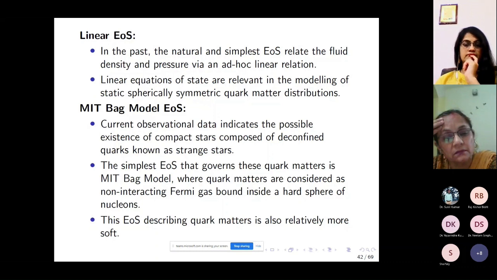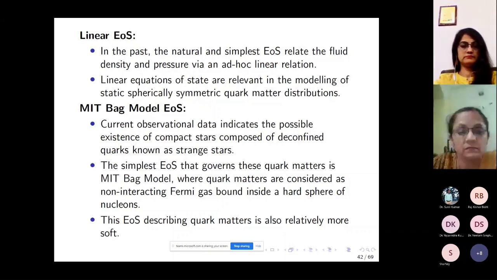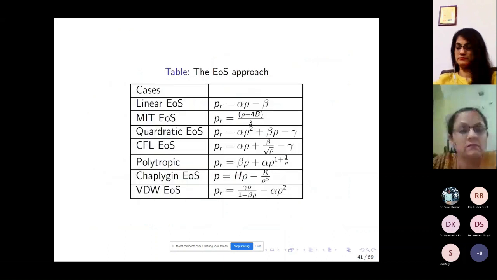So for the linear equation of state, the relation between radial pressure and density is assumed in the form that is PR. That is, we assume that PR equal to alpha rho minus beta, and many models have been established by using this equation of state.